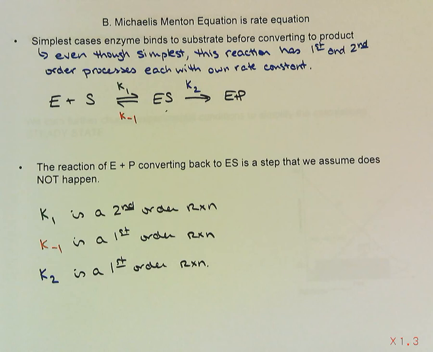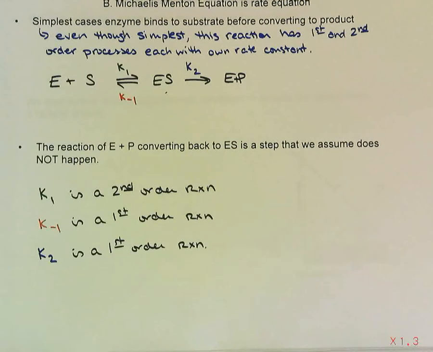So let's look at which one do I want to do first? I guess I can do any of them. I'll choose K2 because I just wrote that one down.